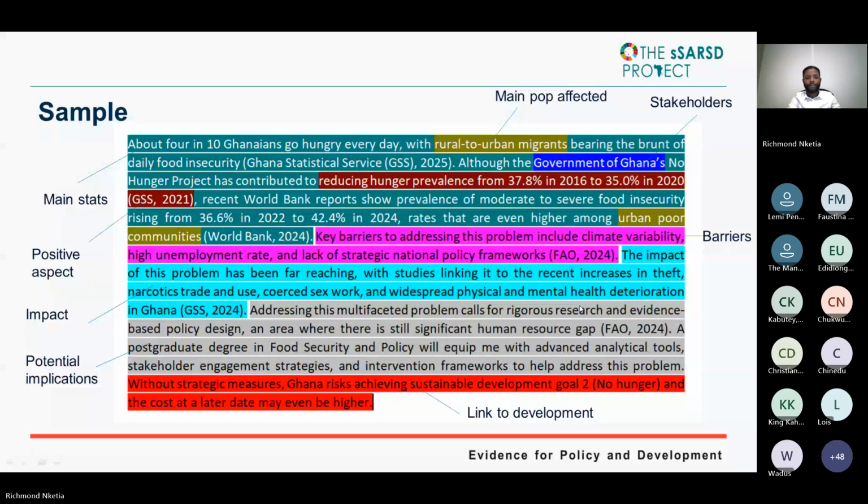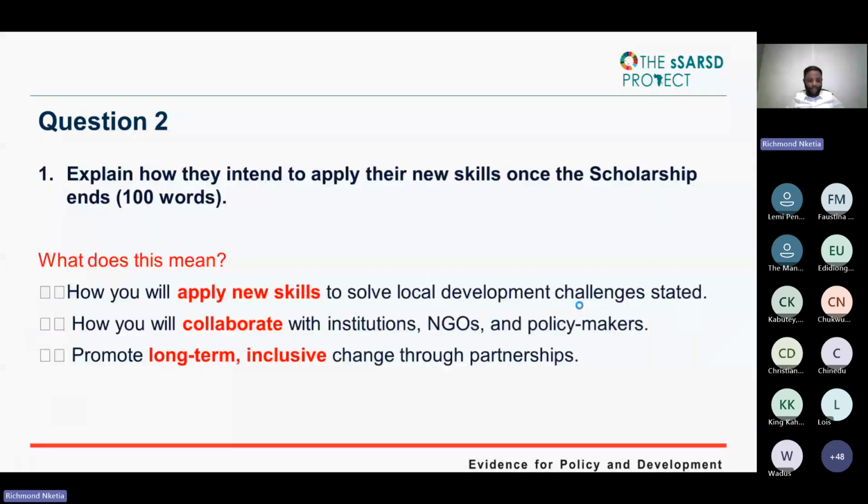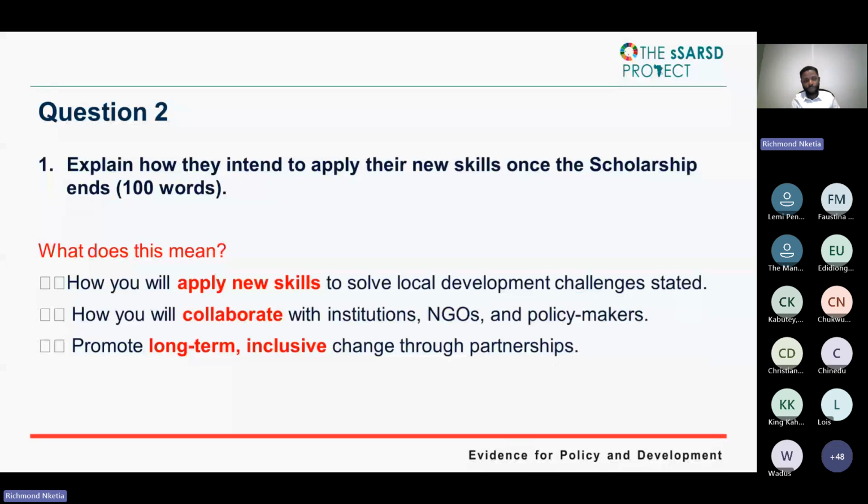Yeah. The second question is asking you how you intend to apply the new skills once the scholarship ends. And this is asking you about 3 things: how you're applying the new skills, how you intend to collaborate with institutions and local non-governmental organizations and policymakers, and how you intend to promote long-term inclusive change through these partnerships. The Commonwealth is more interested in collaboration.